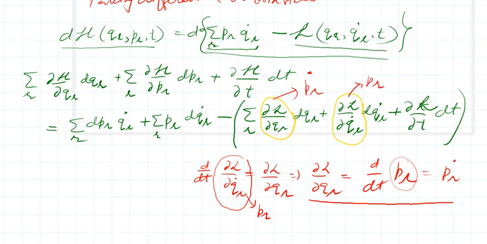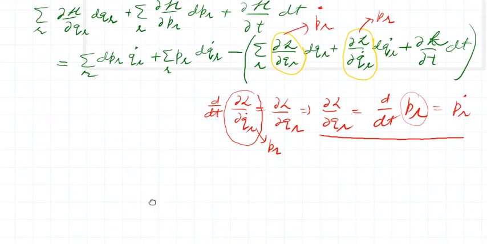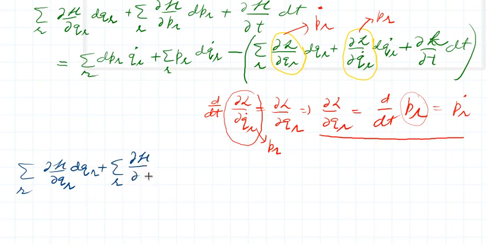If I use this, then this equation can be rewritten as: summation over R curly H over curly QR dQR, plus summation over R curly H over curly PR dPR, plus curly H over curly T into dT.